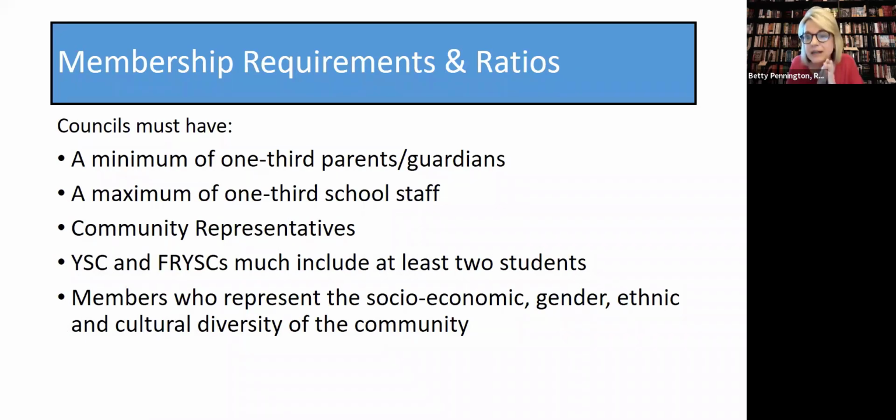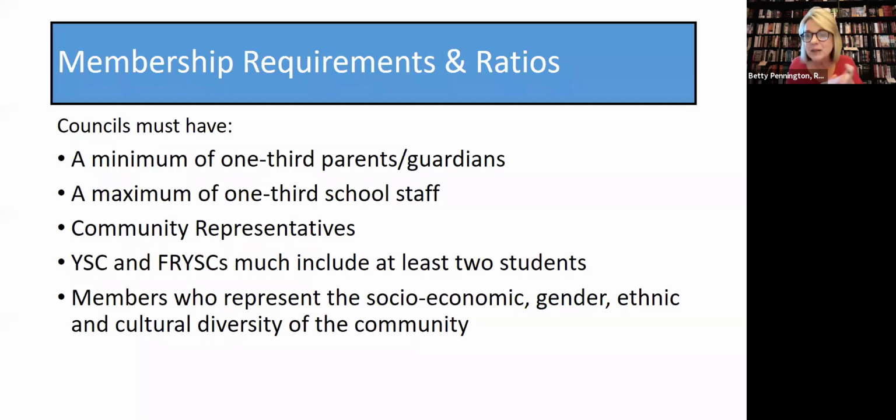So use those. We typed up some suggestions on who to contact and trying to get those parents or community members or staff members or students in, because oftentimes you have trouble recruiting those people. So just remember, with membership requirements and ratios, that a minimum of one-third parents or guardians need to be on your council, a maximum of one-third school staff.